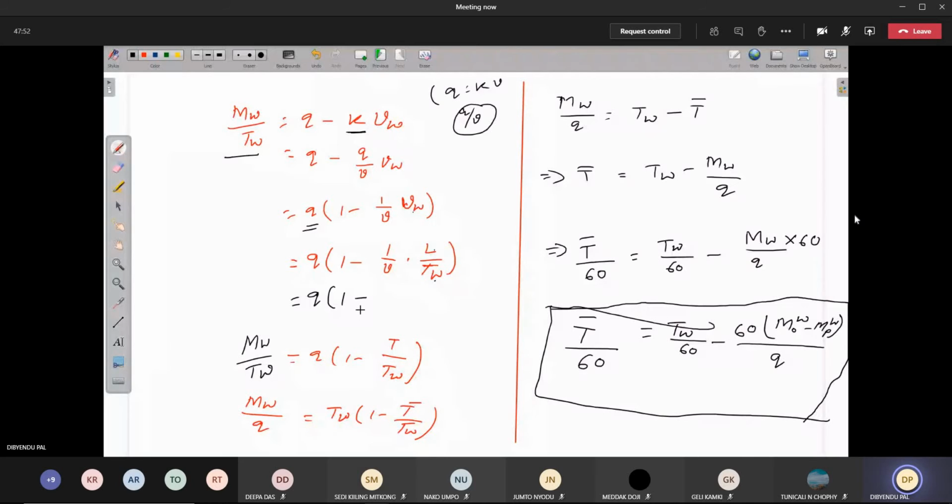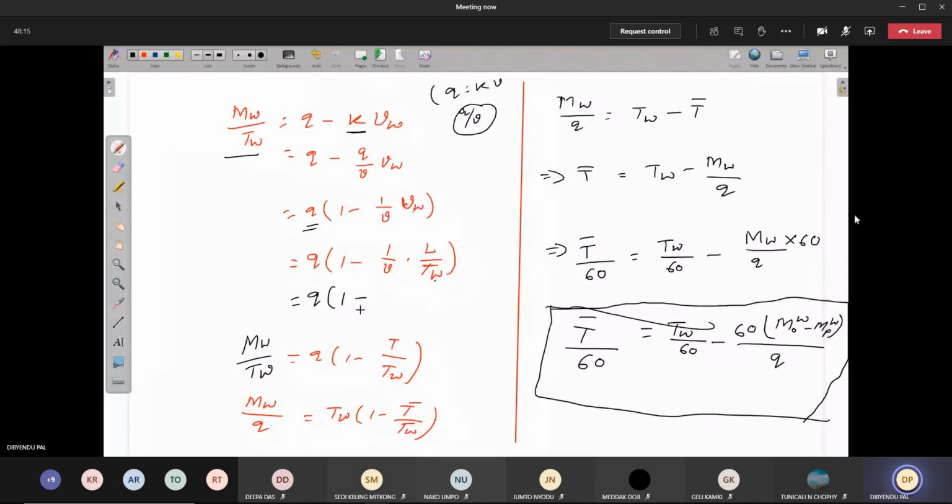What is L upon B? Length by speed. What is length by speed? It is nothing but time, because time into speed is equal to length.